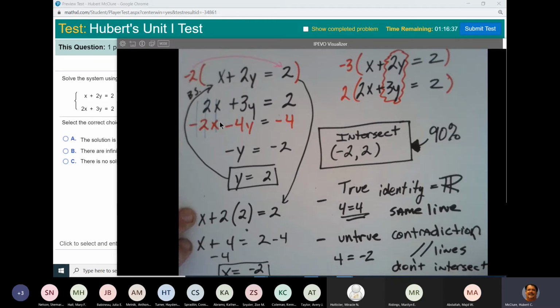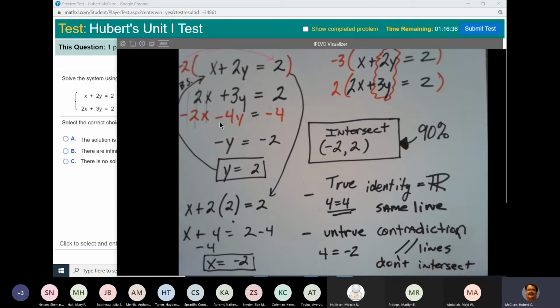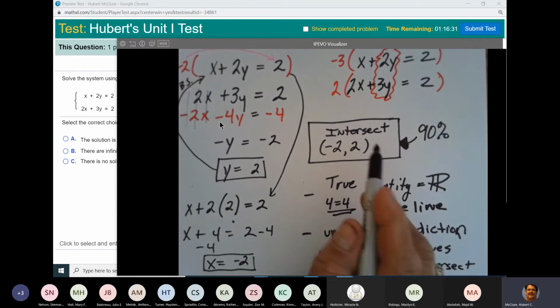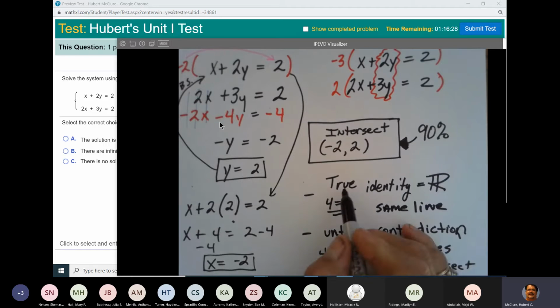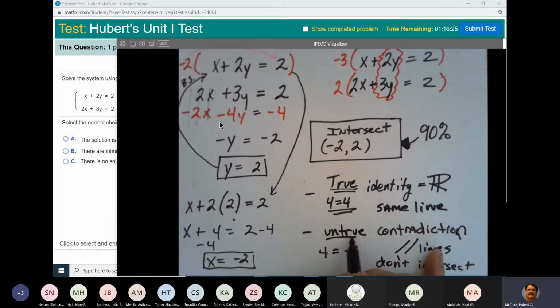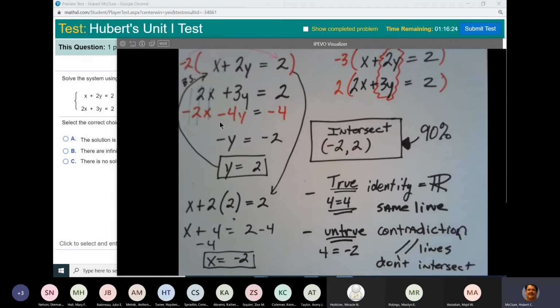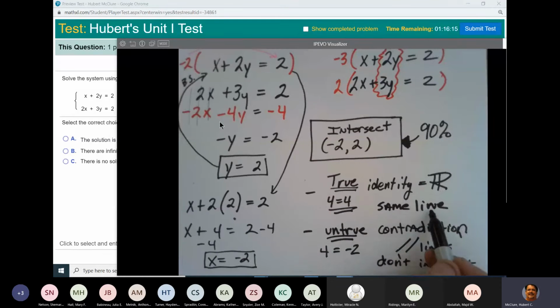That's right, class. So 90% of the time, you're going to get something like this. 10% of the time, you're either going to come up with a true statement or an untrue statement. If you did the math correctly and you come up with a true statement, then your answer is all real numbers because you're dealing with the same line.